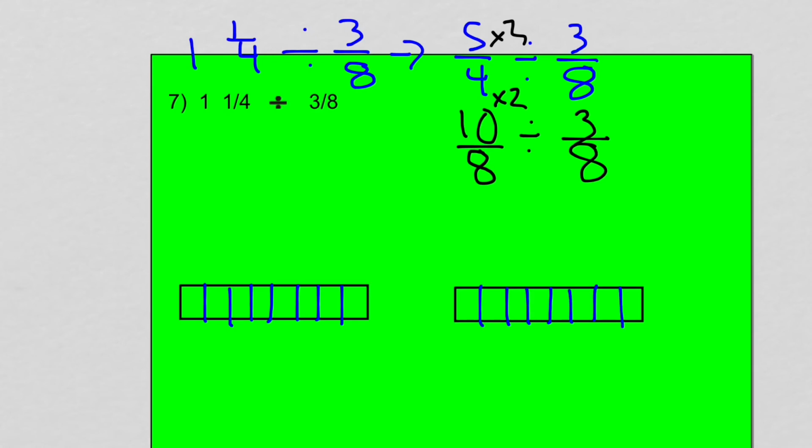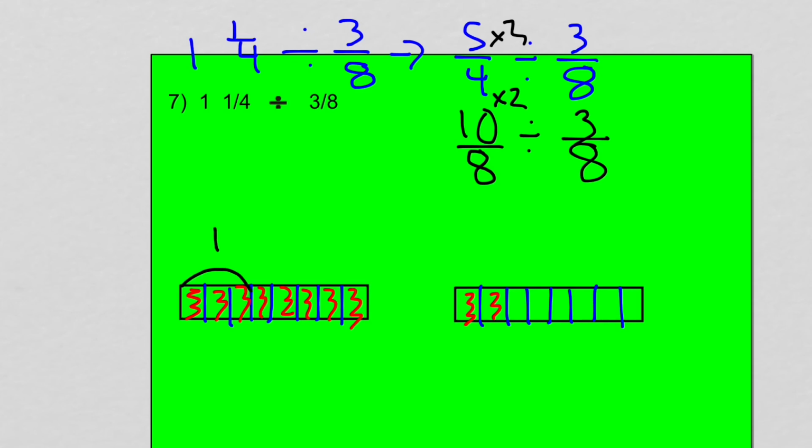There's your eighths. And we want to shade in 10/8, or 1 and 1/4, or 1 and 2/8. So we're going to shade in 1, 2, 3, 4, 5, 6, 7, 8, 9, 10. 10/8. And we want to count how many 3/8 of that size are in 10/8.